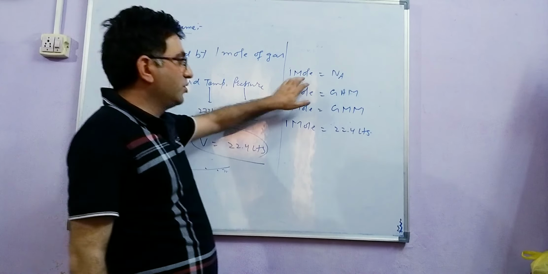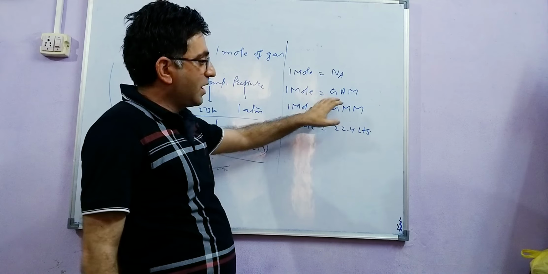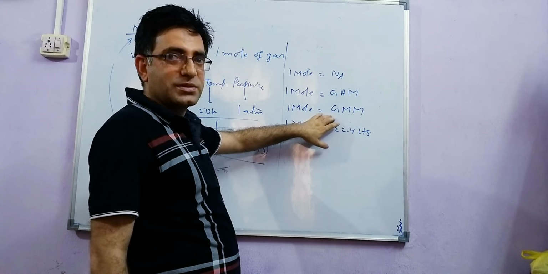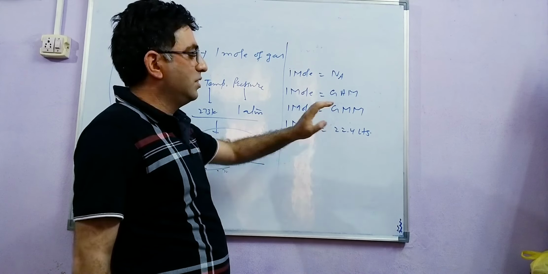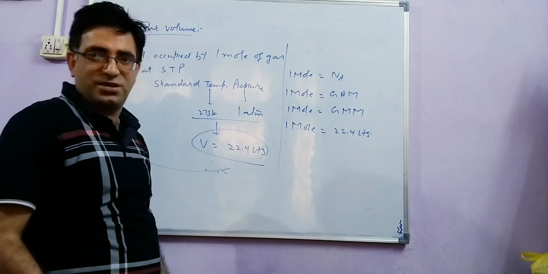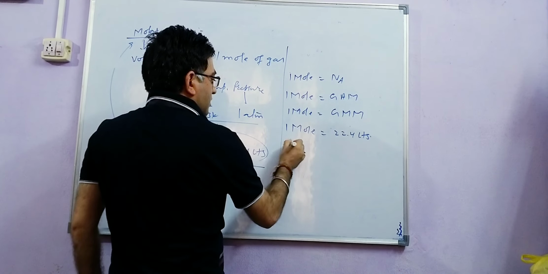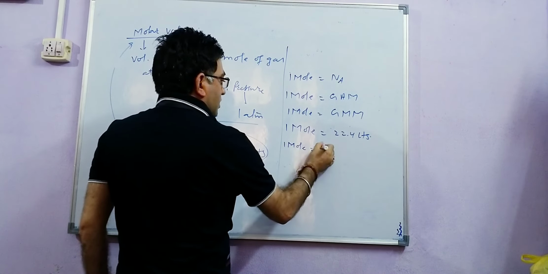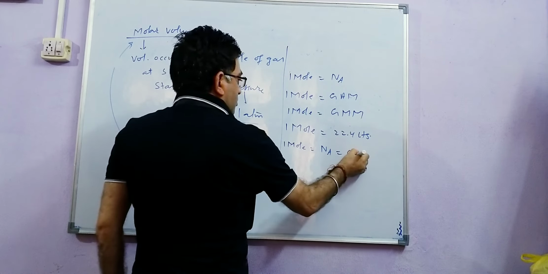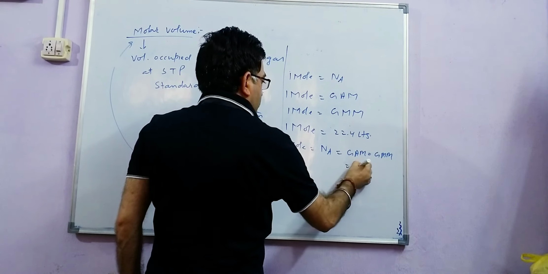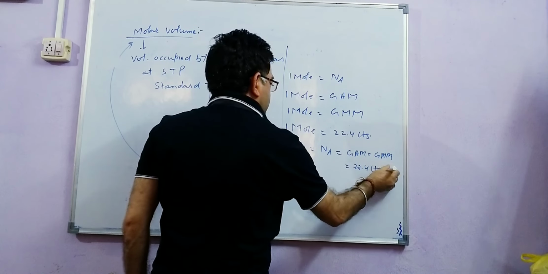Combining all of these, we get a formula like this: 1 mole equal to Avogadro number equal to gram atomic mass equal to gram molecular mass equal to 22.4 liters.